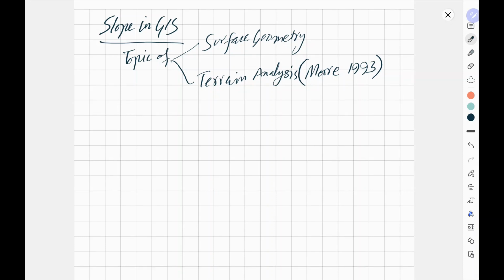So, how can we define slope? Let's talk about the definition of slope.